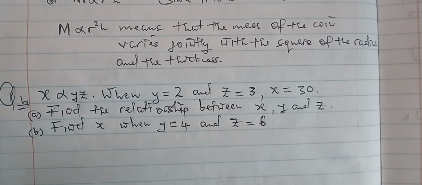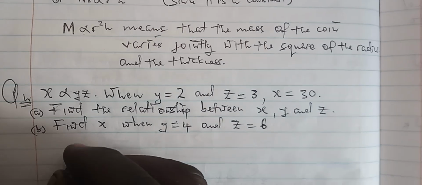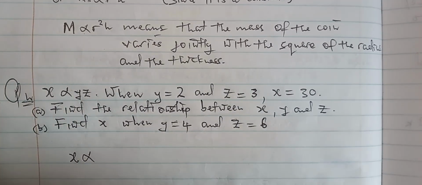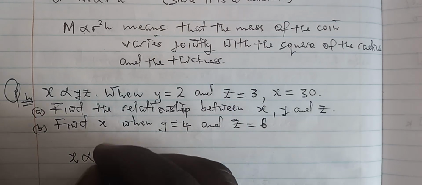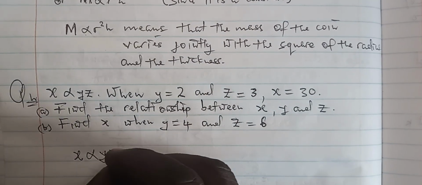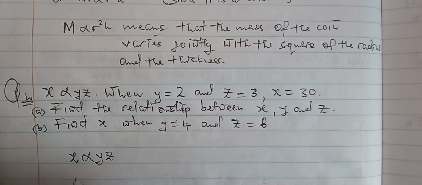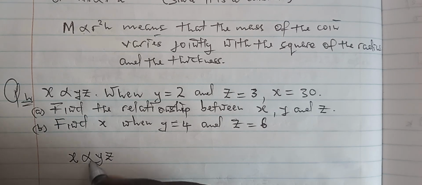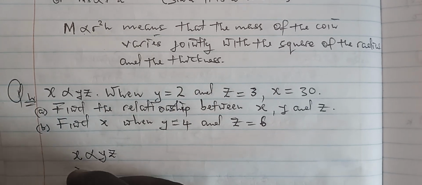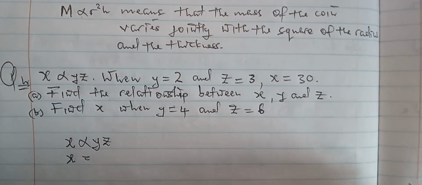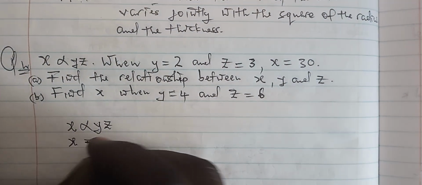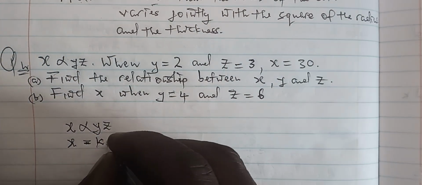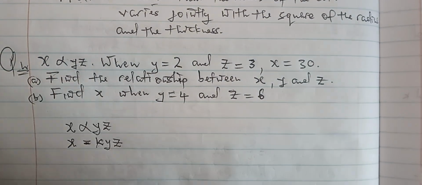Just rewriting this statement, we've got x varies jointly with y and z. When we introduce the equal sign and remove the vary sign, we say x is equal to, and we introduce a constant which is always k, so x equals k y z.